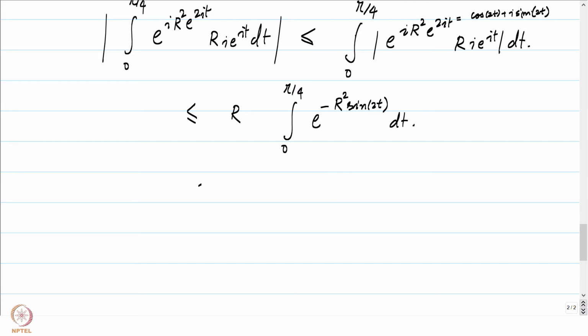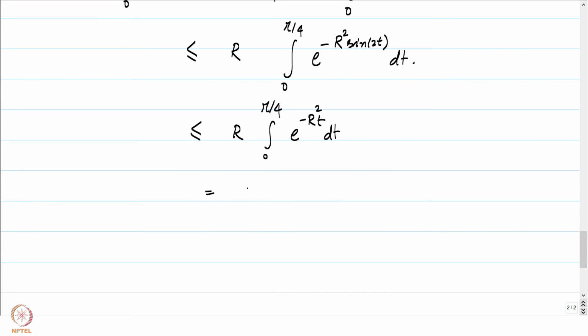This in turn is less than or equal to, in the interval 0 to 2 pi, we can bound our function sin 2t as well, and we can say that this is less than or equal to r times the integral of e to the power minus r square t dt, which we will be able to say as being equal to r by minus 1 by r square e to the power minus r square t evaluated from 0 to pi by 4, which is equal to 1 by r times 1 minus e to the power minus r square times pi by 4.